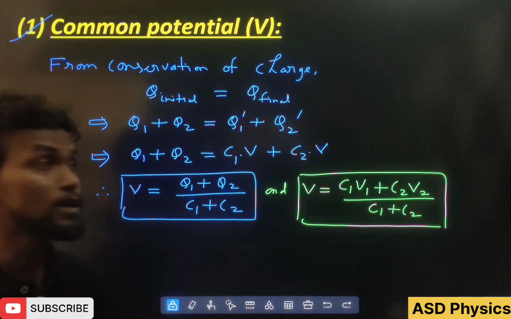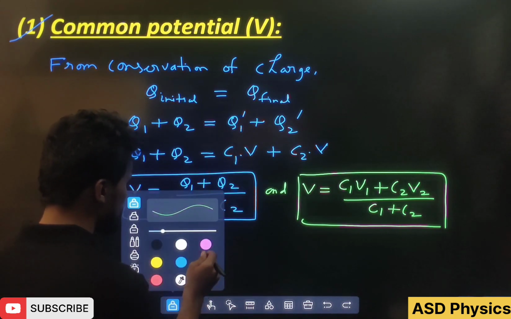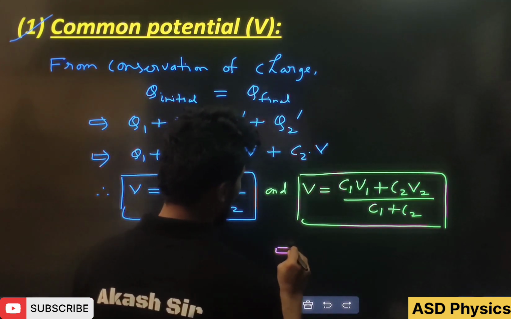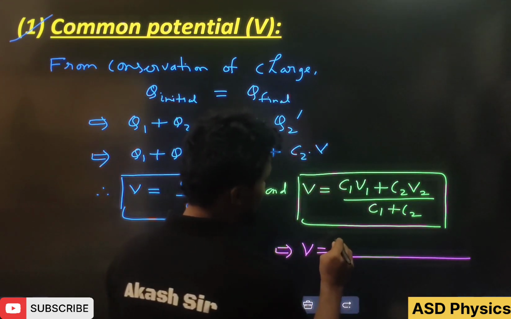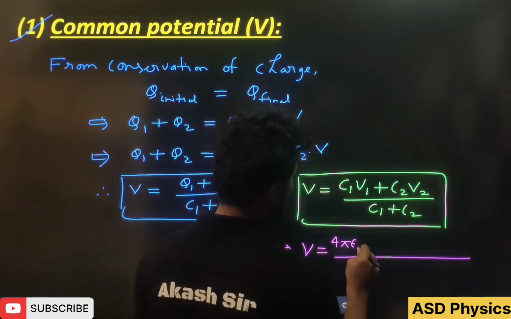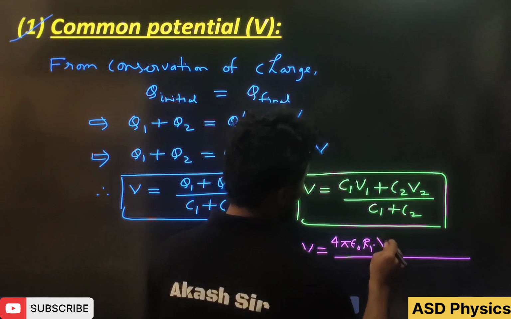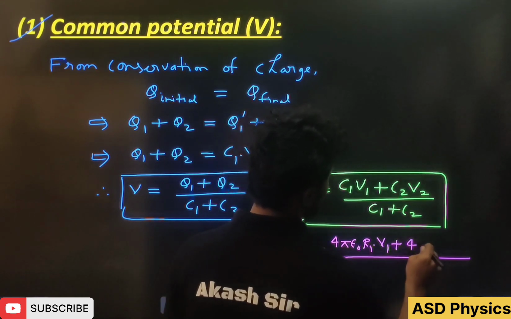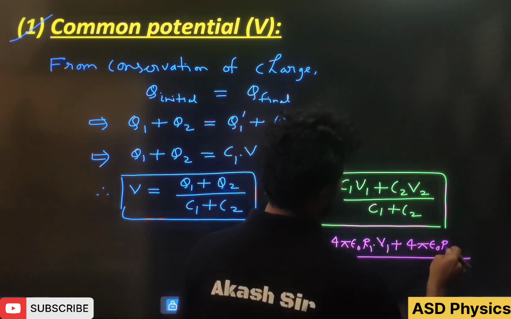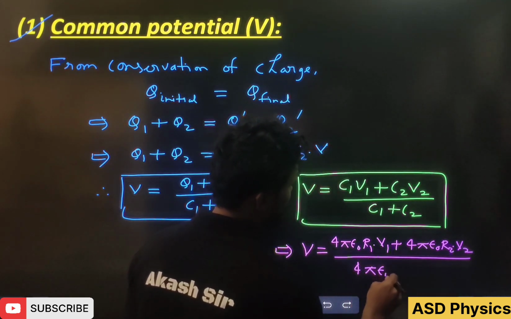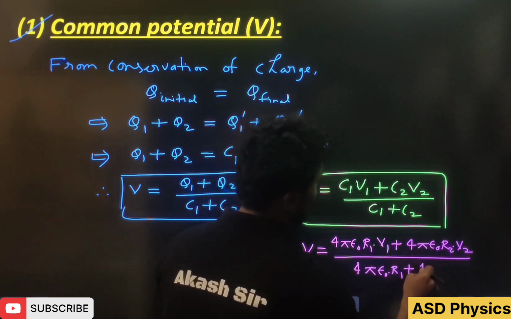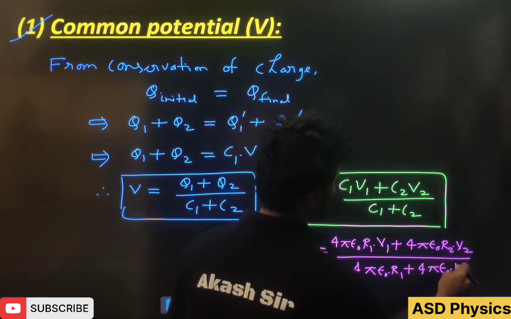If we write in terms of the radius, then one more formula we can get here. Remember that, this common potential, C1 we can write as 4 pi epsilon naught R1 into V1 plus 4 pi epsilon naught R2 into V2, over 4 pi epsilon naught R1 plus 4 pi epsilon naught R2.